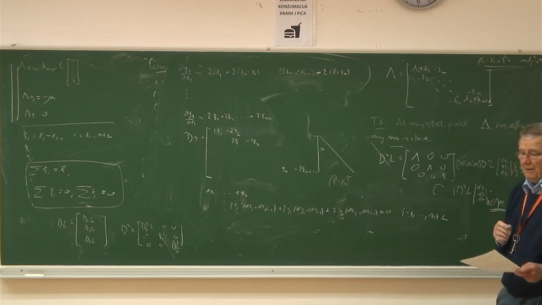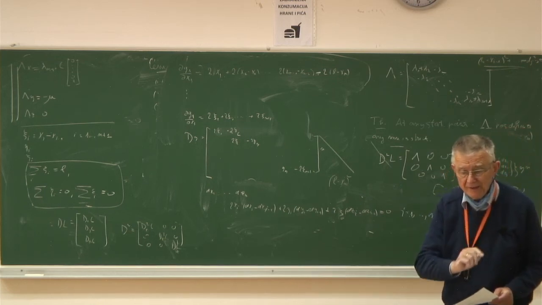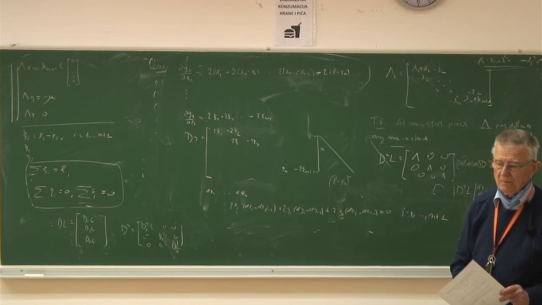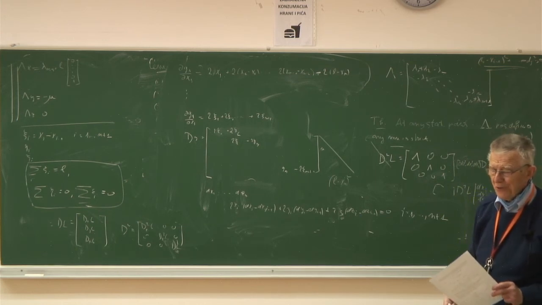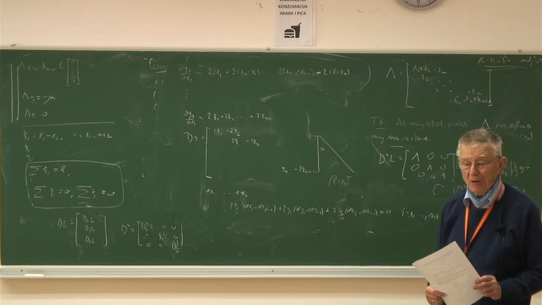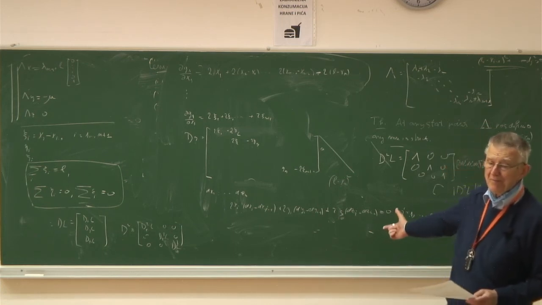That means that the matrix lambda is positive definite itself. This conclusion couldn't be possible if we would work only in the plane. There would be no z freedom.